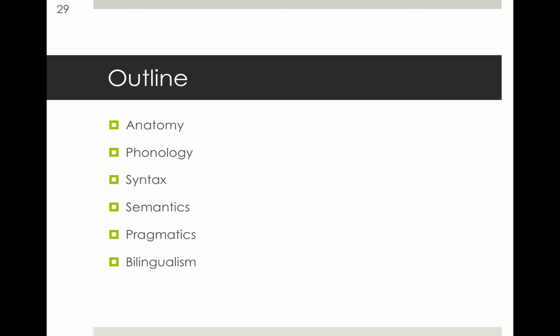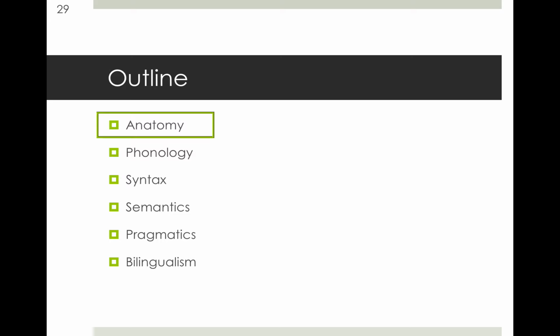I'll start with phonology, which is the study of linguistic sounds, and then go through syntax, which is how you put words together, semantics, which is the study of meaning, and pragmatics, which is the study of how you use language in your everyday life. And then people are always interested in what their brains look like when they speak multiple languages, so bilingualism is one thing we'll talk a little bit about. But today, hopefully I'll get through just a first few ideas about the anatomy of language.